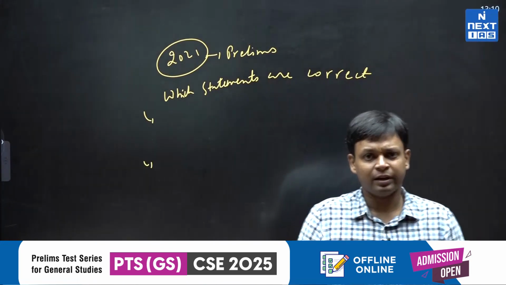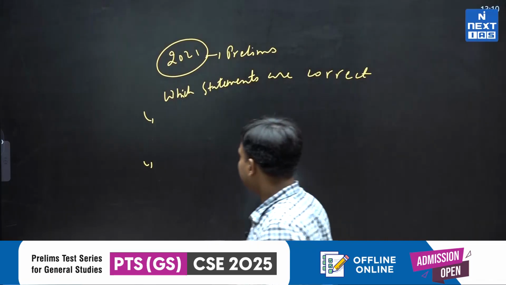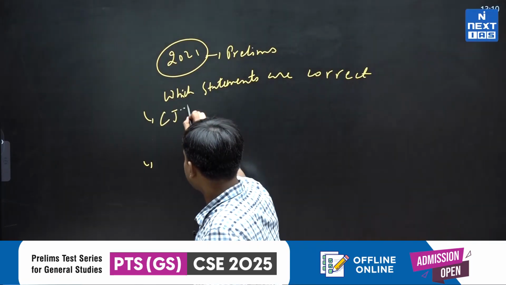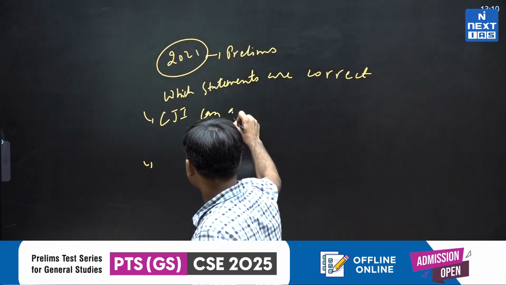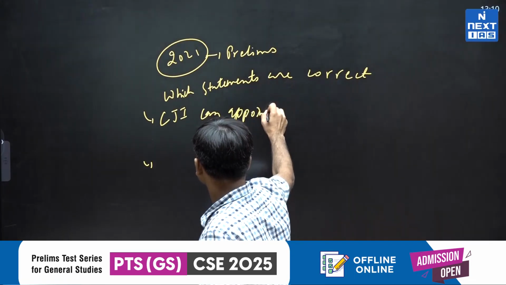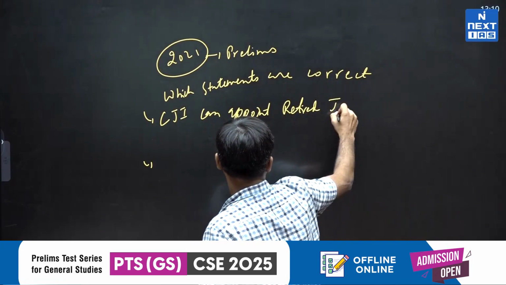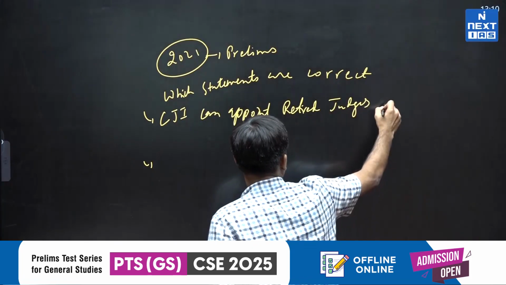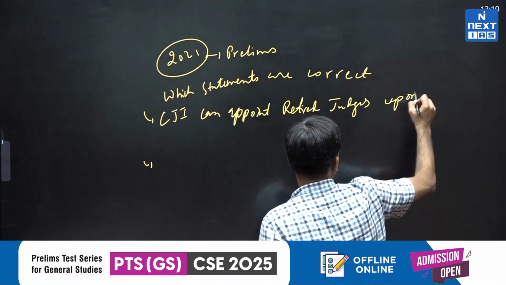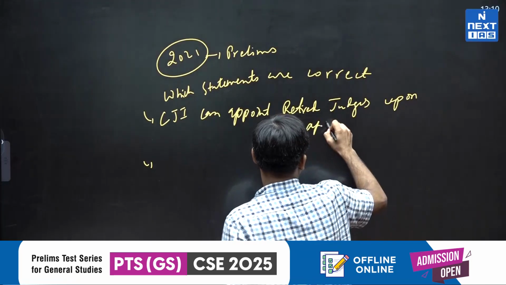One statement said that CJI can appoint retired judges upon approval of president.